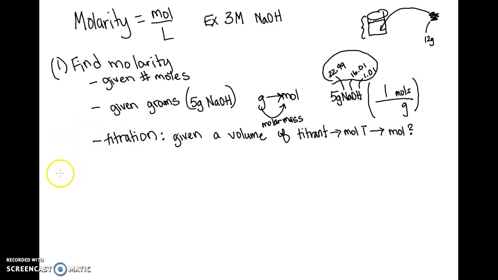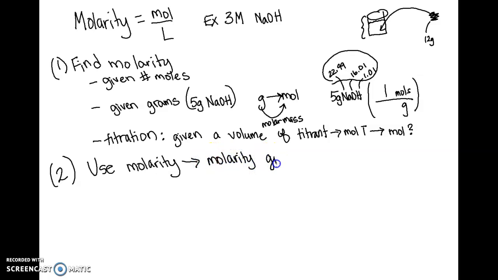Now the second thing for molarity: instead of finding molarity, you can use the molarity. In these kinds of problems, you would be given a molarity, and you have to use the given molarity to figure out either the number of moles or the number of grams.